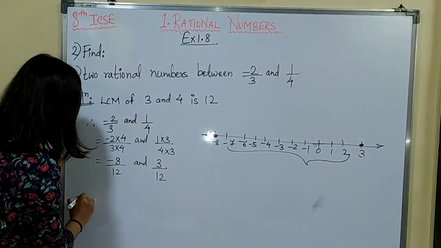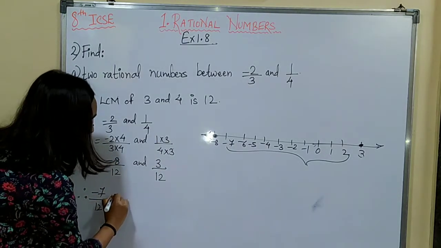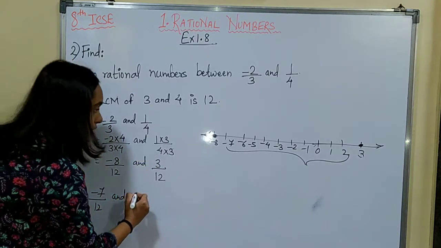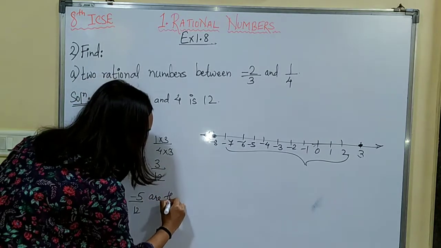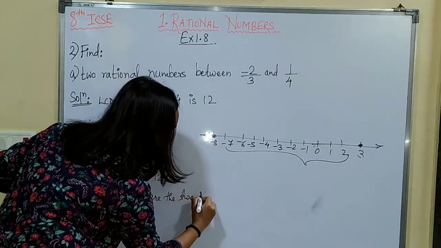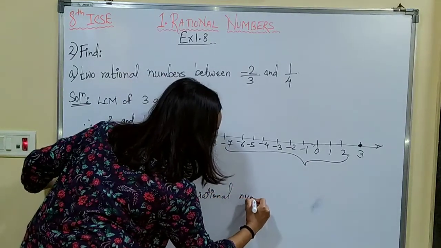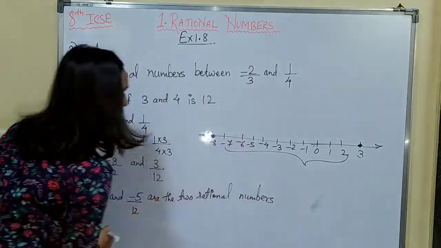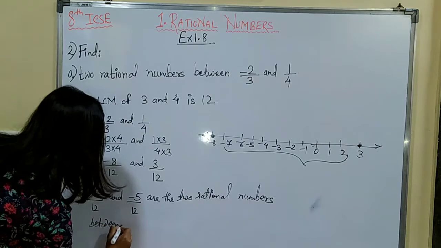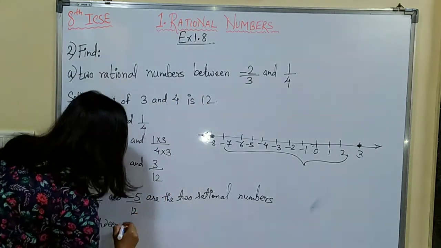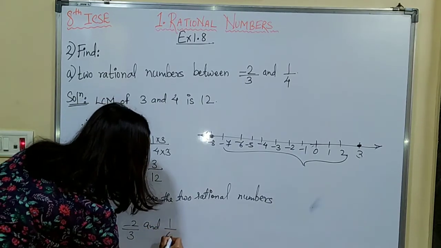Therefore minus 7 upon 12 and minus 5 upon 12 are two rational numbers between minus 2 upon 3 and 1 upon 4.